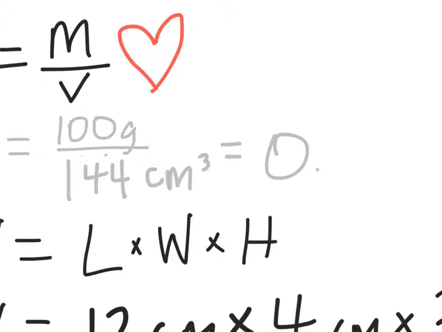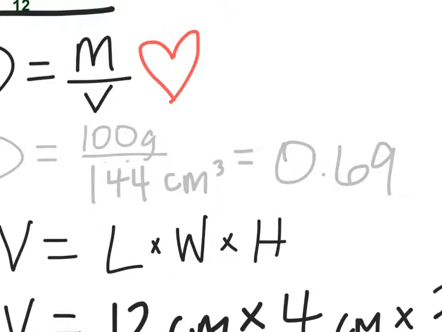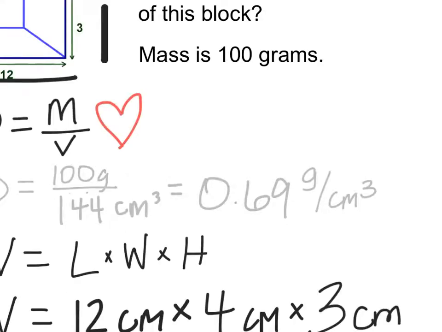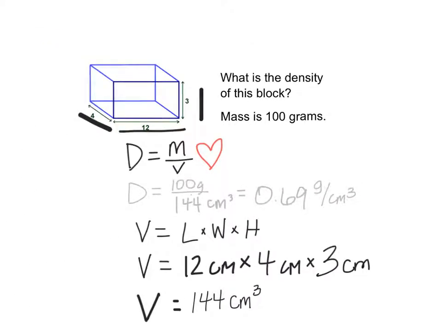We get 0.69. And then our label is grams per centimeters cubed. Whoop. It's a terrible cubed. There we go. All right, so that would be our answer, 0.69 grams per centimeters cubed.